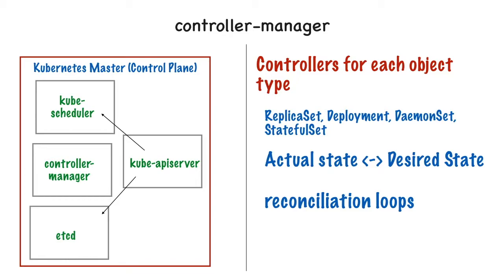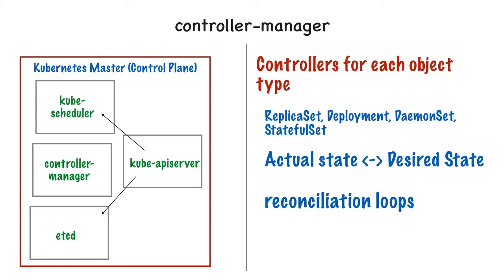Then this replica set controller will take whatever action is necessary in order to spin up additional replicas of that pod until the actual and the desired states of the system are back in perfect sync. Controllers are an important part of the control plane. They are effectively endless loops which reconcile the actual and desired states of the system.